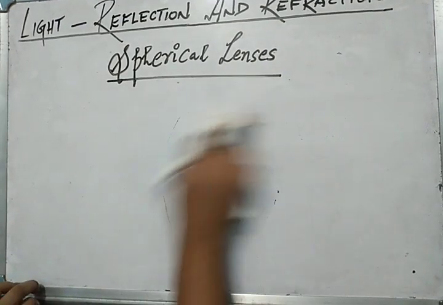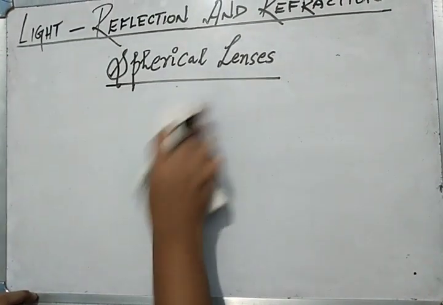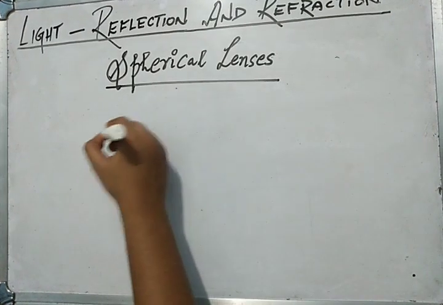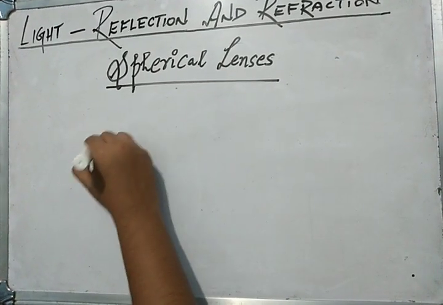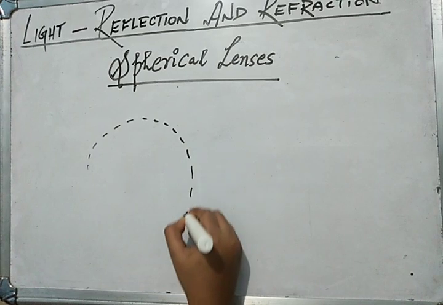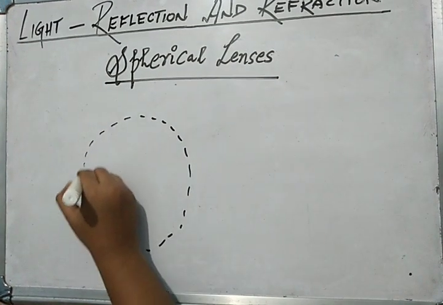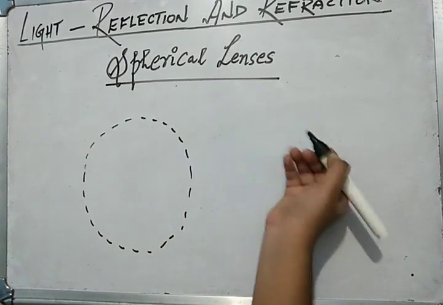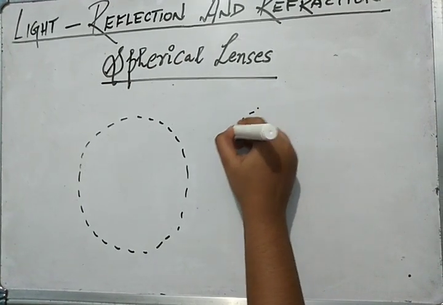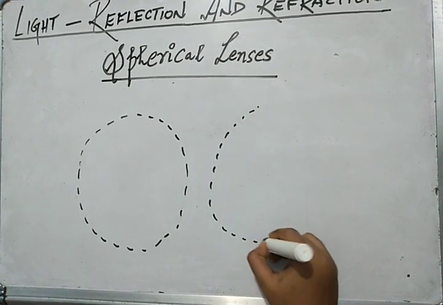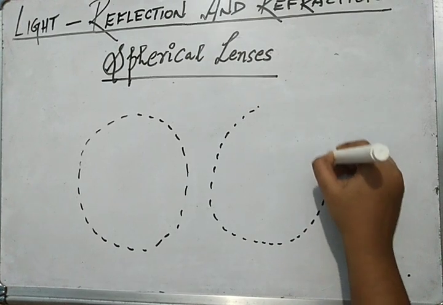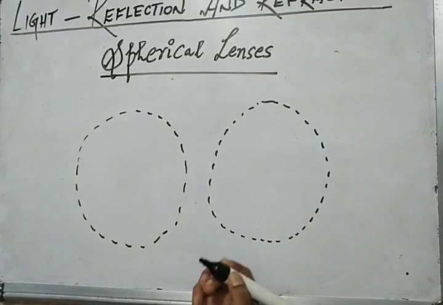Now, how is a concave lens formed? Let me draw two spheres again. This is my first sphere. Then I take my second sphere like this. This is my second sphere.